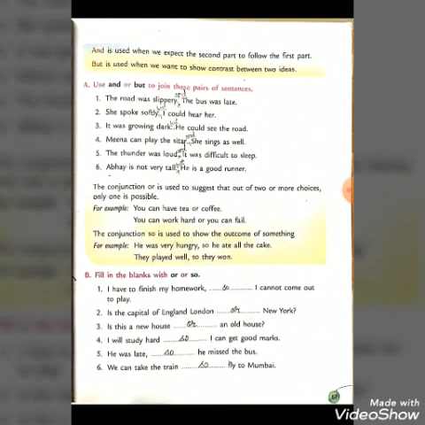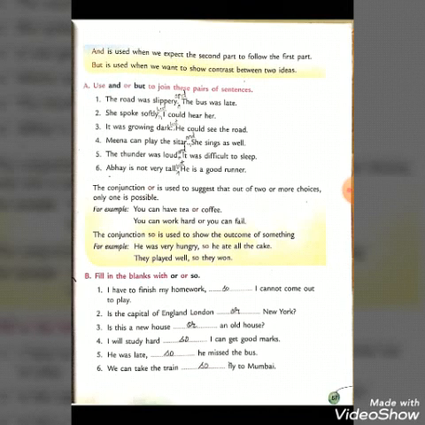Now below that, the conjunction "or". Mind it, the conjunction "or" is used to suggest that out of two or more choices, only one is possible. Sometimes I offer you a coffee or tea, then you have to decide which one you would like to take. In the same way you can have tea or coffee.